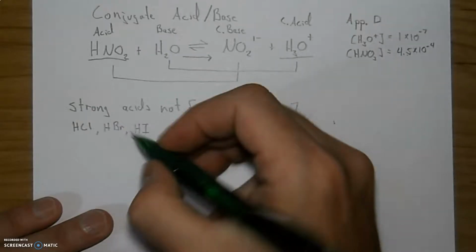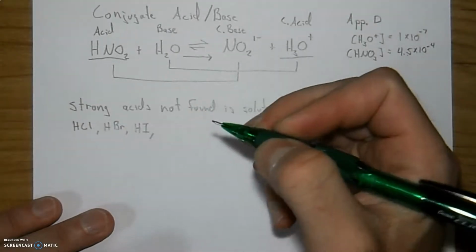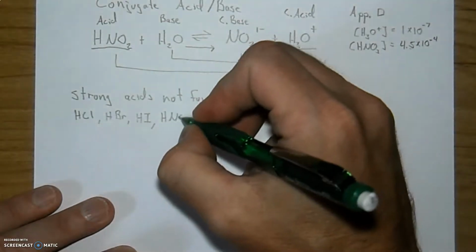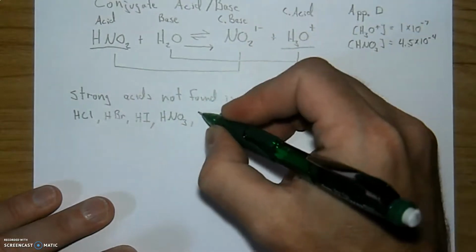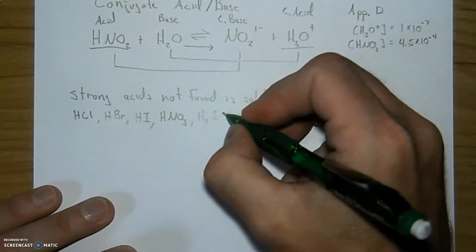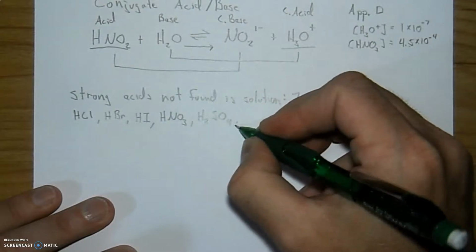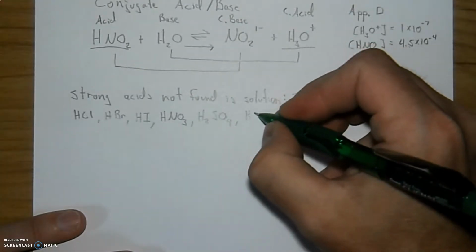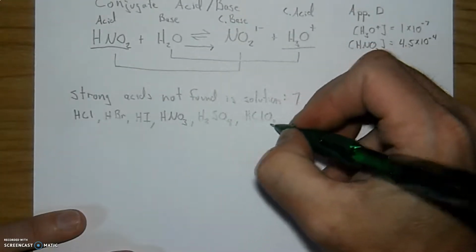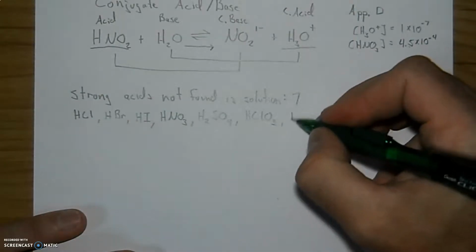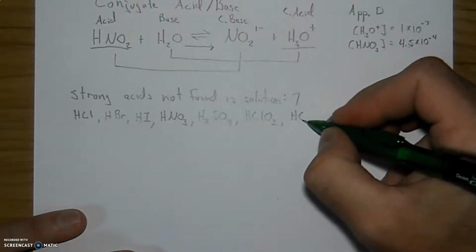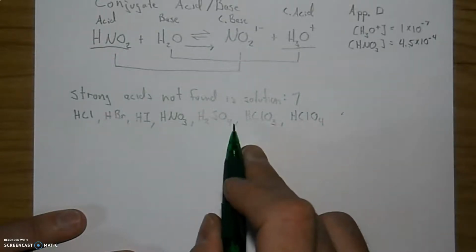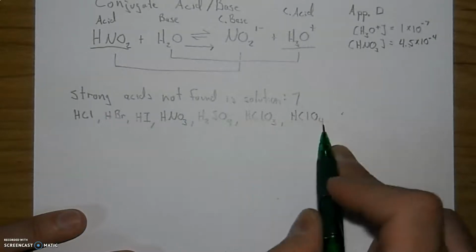These are the 3 halogen acids. The next 2 I like to refer to as strong industrial acids, which are HNO3, nitric acid, and sulfuric acid. Two very strong industrial acids. The other 2 are oxy acids, and they're chlorinated: chloric and perchloric acid.